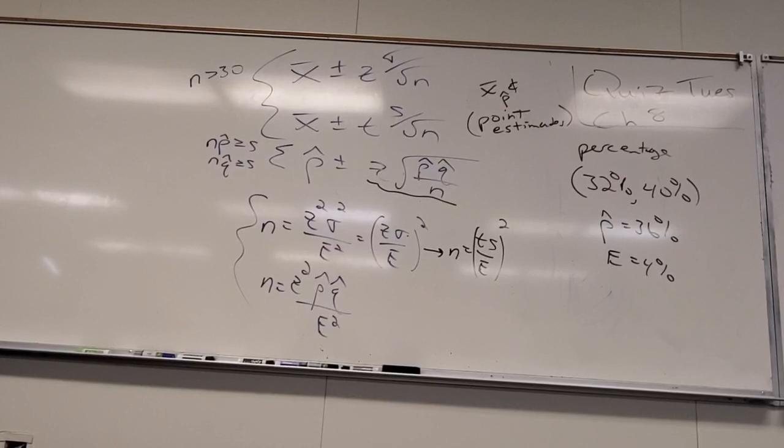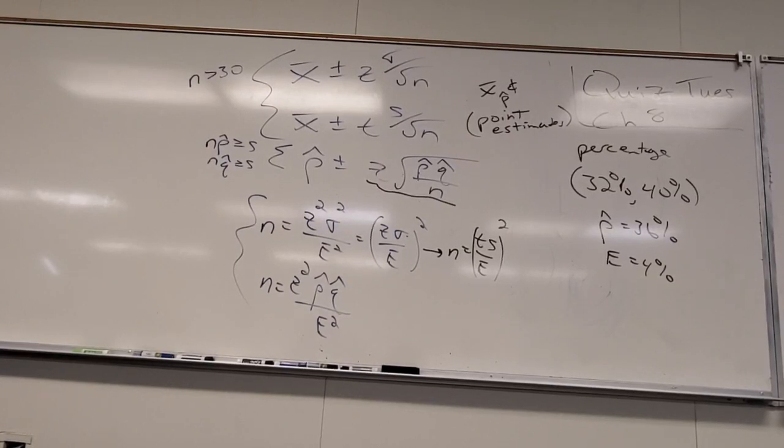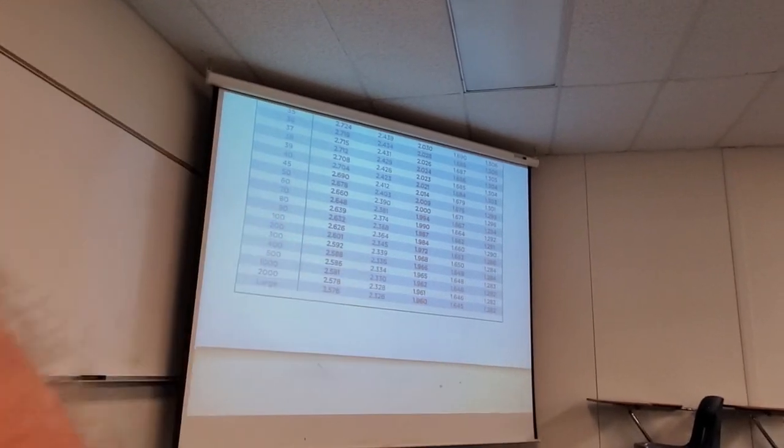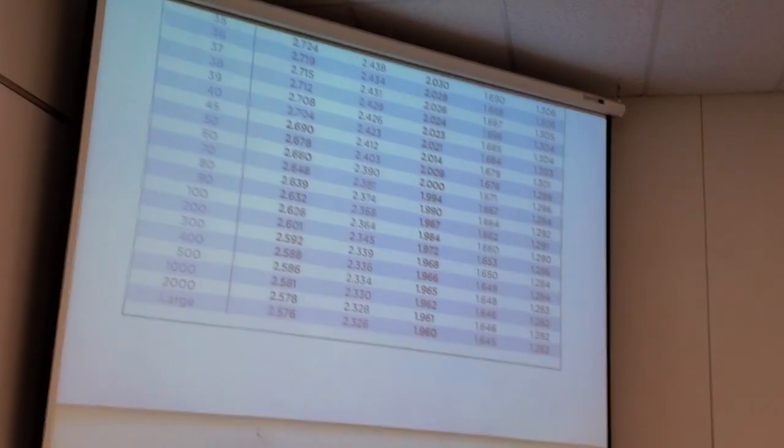So just to remind you guys, this is the T-score chart, but what's at the very, very bottom? Z-scores. And why does that make sense? Again, T-scores were invented for when we don't know the actual standard deviation.